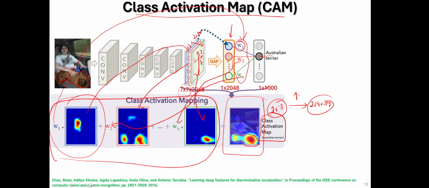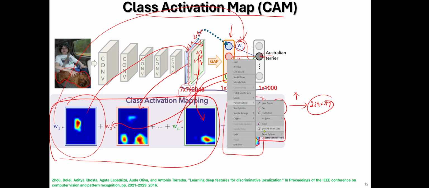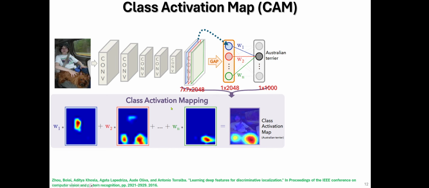That's the full picture. I have the steps again in the next slide, so I'm not going to explain that now. But mathematically, you have fk of xy, which is one of these layers. K stands for the kth layer, so k is 1 to 2048 here.